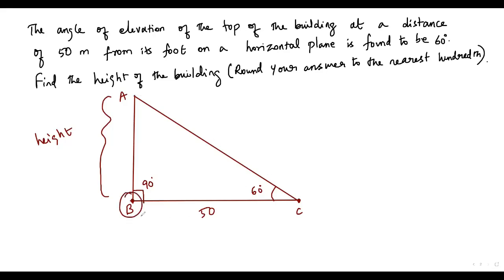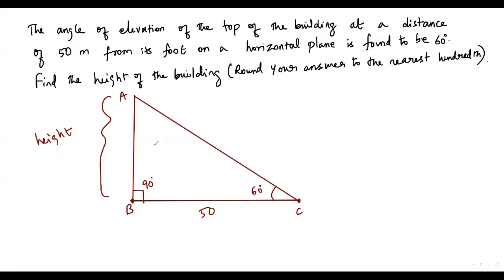So this is the foot. I have taken a point C 50 meter from its foot. At this point, the angle of elevation to the top of the building A is 60 degree, because A represents the top of the building. Now clearly it's a right triangle, and we have to find the length of the leg AB in this right triangle, because AB represents the height of the building.